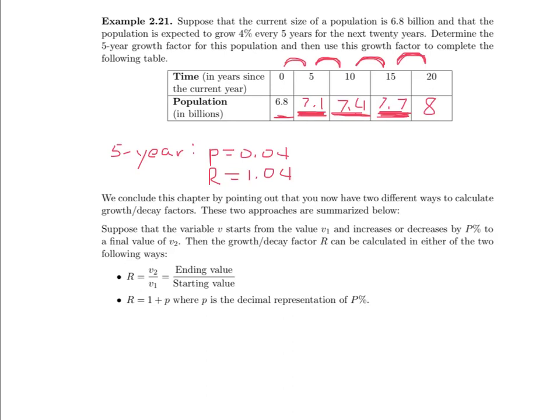Both of these equations enable you to find R. Which equation you ultimately use depends on the information that's given to you. If you're told what the percentage change is, calculating R this way will be most effective. If instead you're given information about the starting and ending values of the variable, then calculating R this way will be easiest for you.